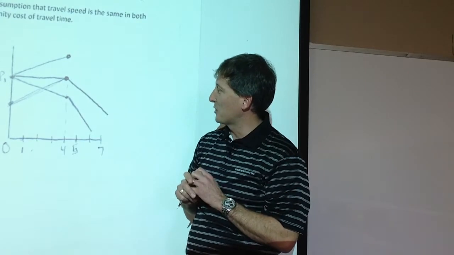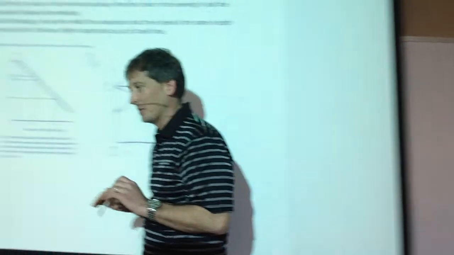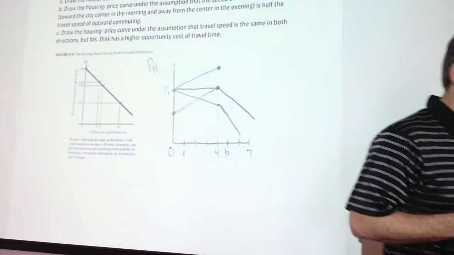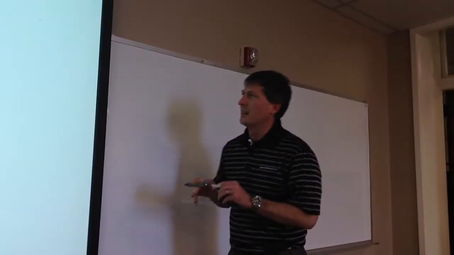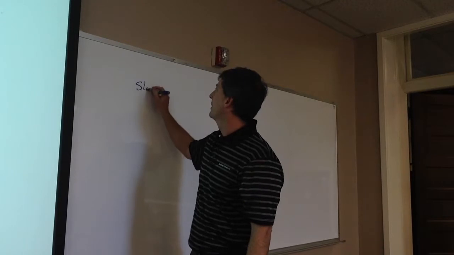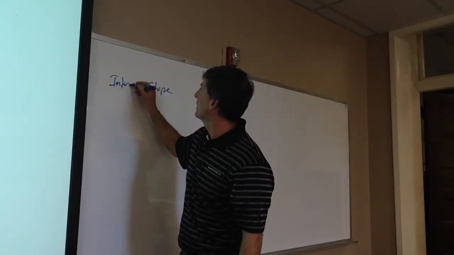So what about this rate of change thing? Let's see. So it might be kind of helpful to think about what the rate of change is going on, right? So we're saying, what is the slope? Interpret the slope, basically.